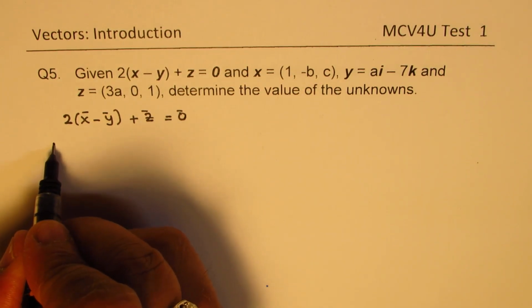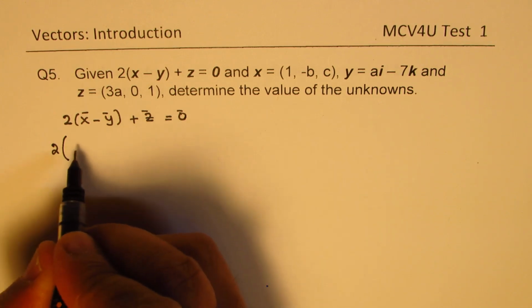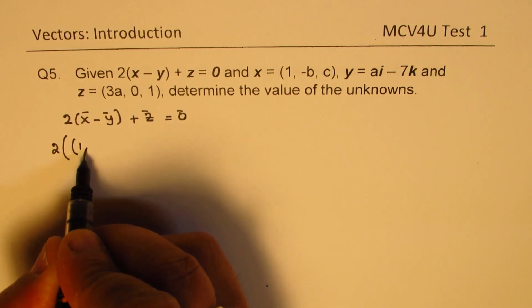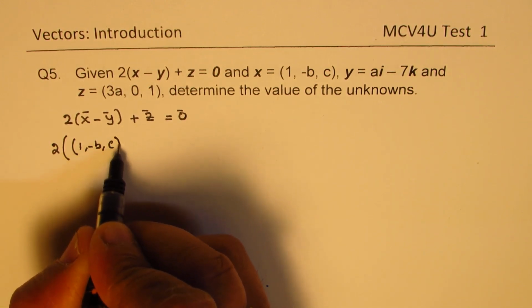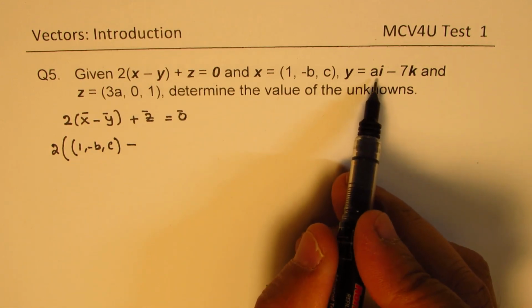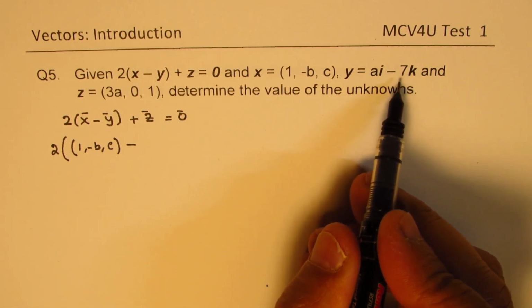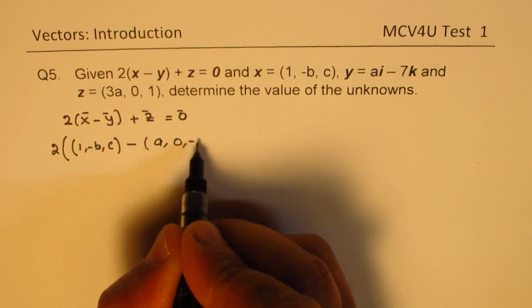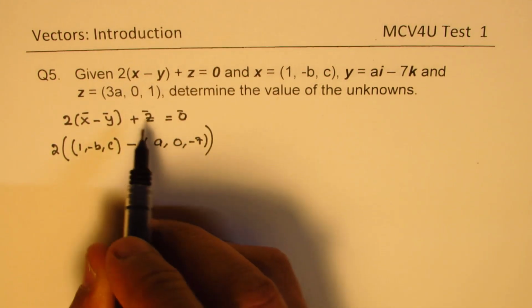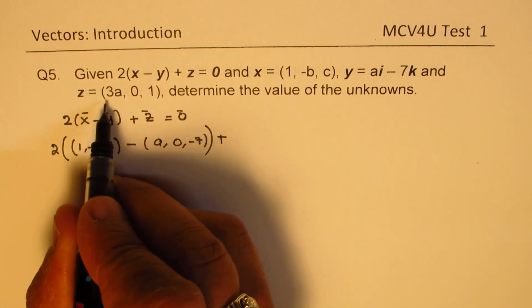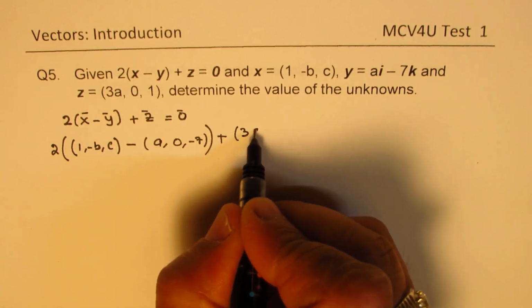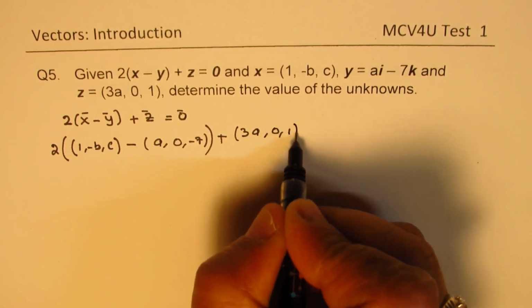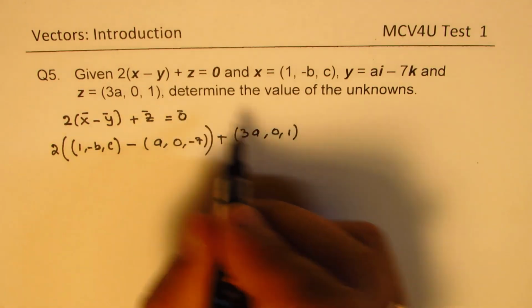So let's rewrite this as twice 1, minus b, c, minus y, which could be written as a, 0, minus 7, plus z, which is 3a, 0, 1, and that is equal to the zero vector.